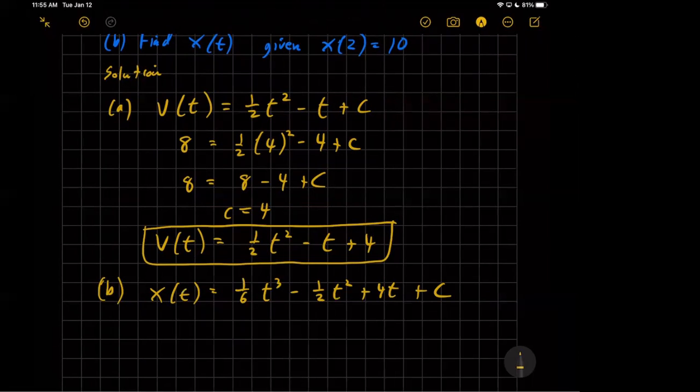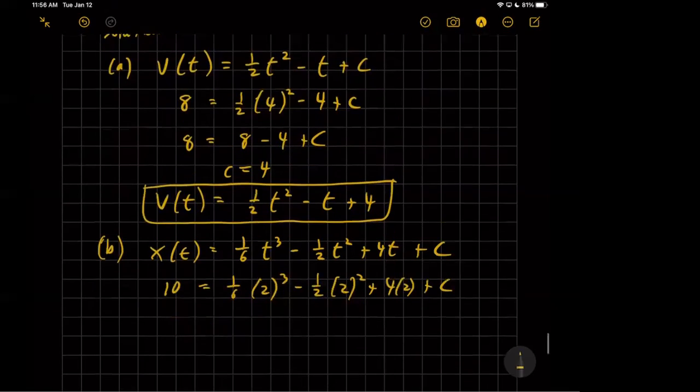But now, to figure out which one it is, we're going to use that x of 2 is equal to 10. Okay, so I can say 10 is equal to 1/6 times 2 cubed minus 1/2 times 2 squared plus 4 times 2 plus c. So just quickly doing the arithmetic, that's 8/6 or 4/3, minus 1/2 times 2 squared, which is just 2, plus 8, plus c.